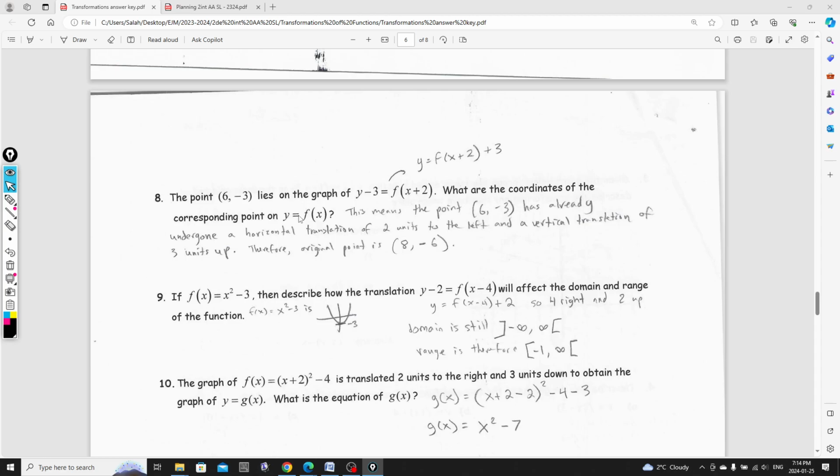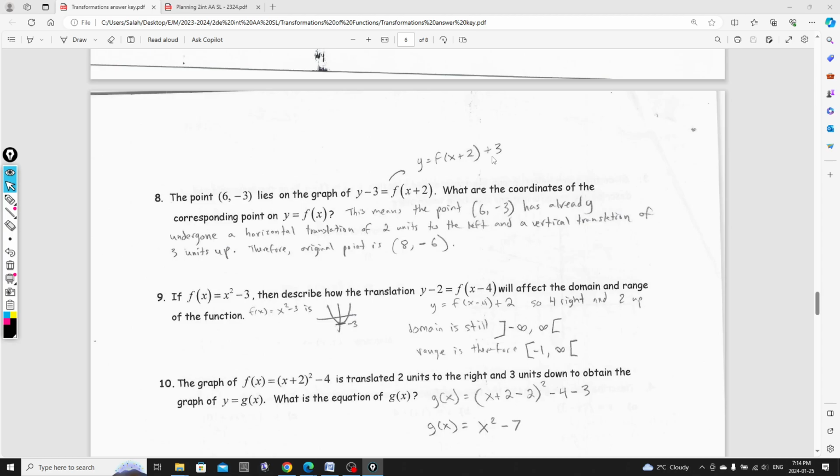Well, that just really means that I have to go backwards, right? Because to go from the initial function to my transformed function, I have to shift 2 units to the left and 3 units up.